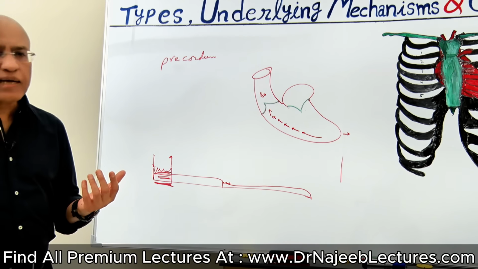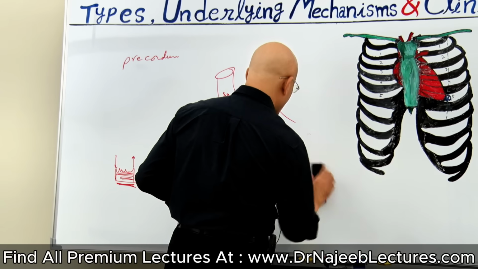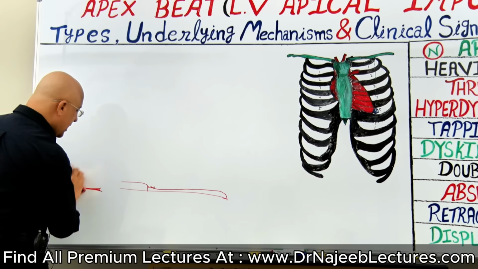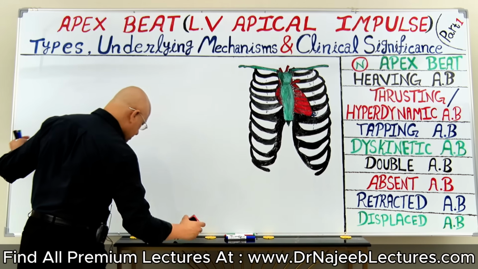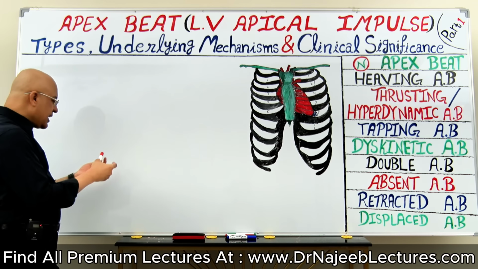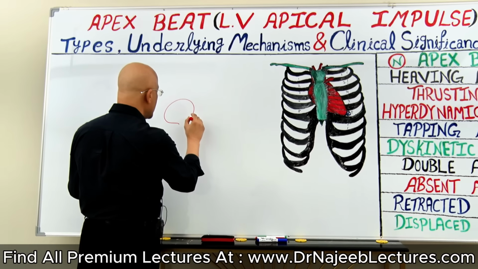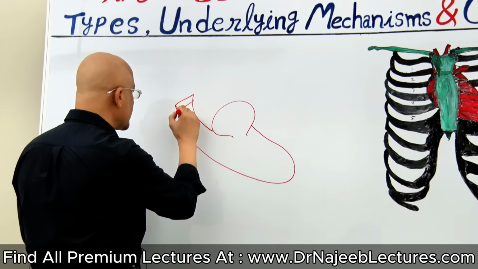Let me explain. Actually, let's go back to the left ventricle and let's ask the left ventricle why it has to lift the apex beat area or produce heaving apex beat, right? Classically, this happens when there is pressure overload in the left ventricle.